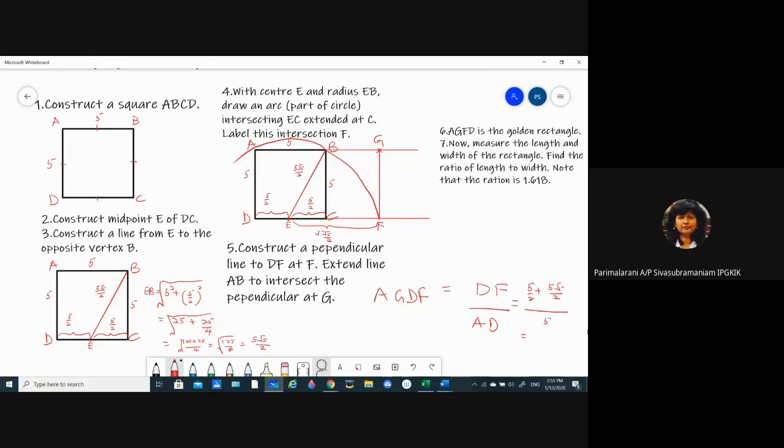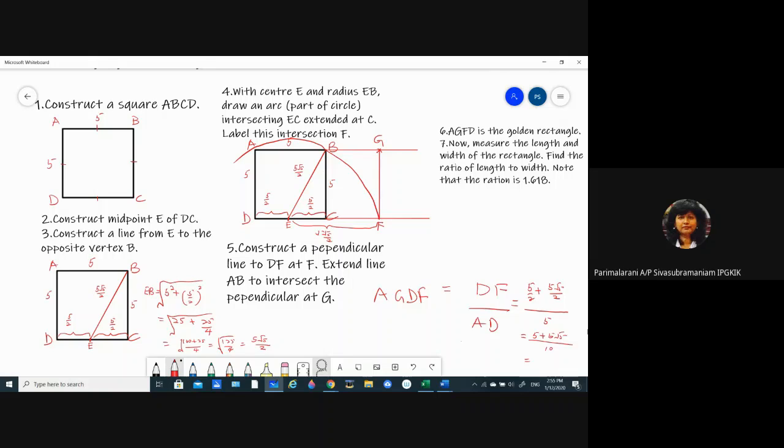So what do we get here? 5 plus 5 root 5 over 10, right? Okay, you tell me what's this in decimals. 8.36.